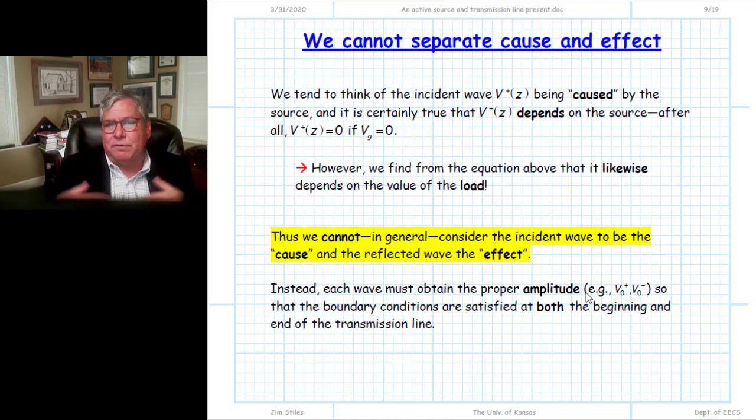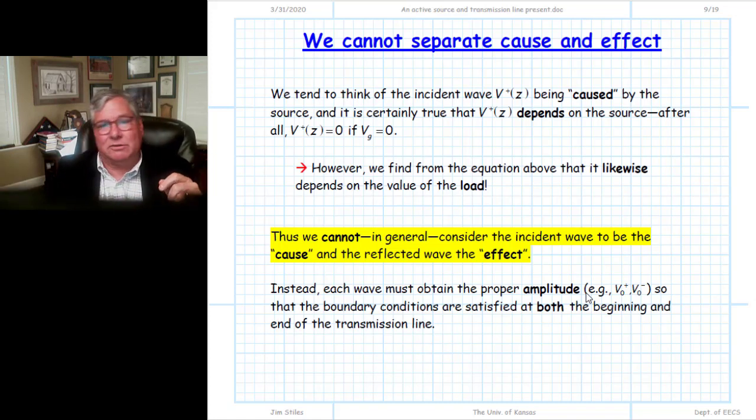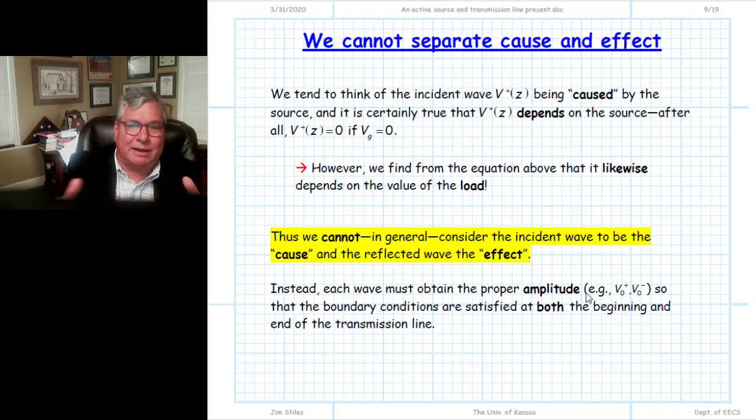If you're familiar at all with bounce diagrams, and some of you may be, on transmission lines where we take an impulse and we see that first it propagates down the line, it bounces off the load, comes back to the source, bounces, comes back to the load, back and forth, each time modifying the wave at each reflection.